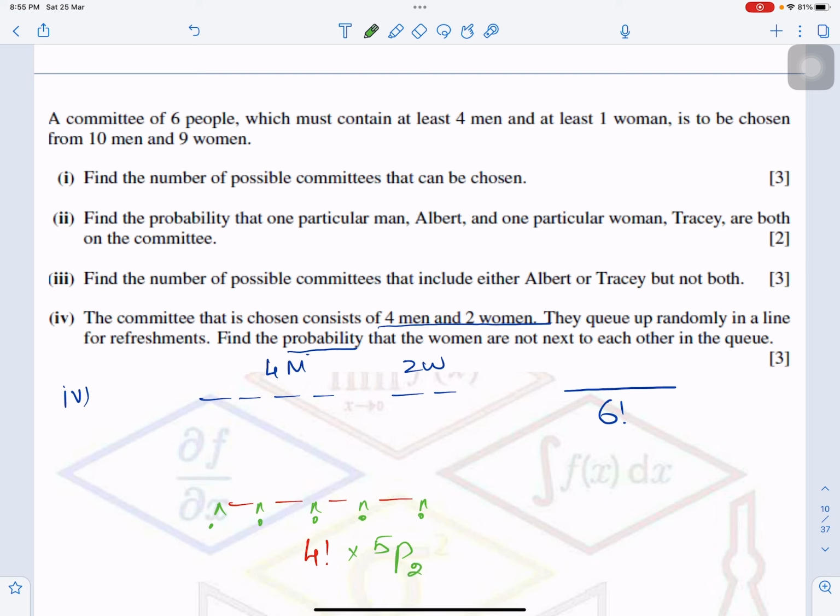So that will give you the ways in which women can stand not next to each other in a queue. So this will be 480. So you can write here for the calculation of the probability, and that will give you the answer 0.66666, which means 0.67. Or when we write the answer in 3 significant figures, you can write 0.667.